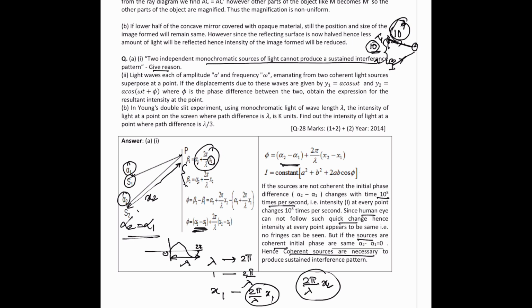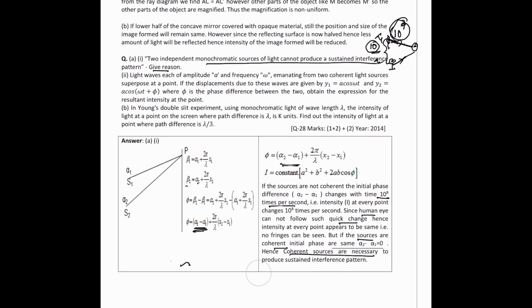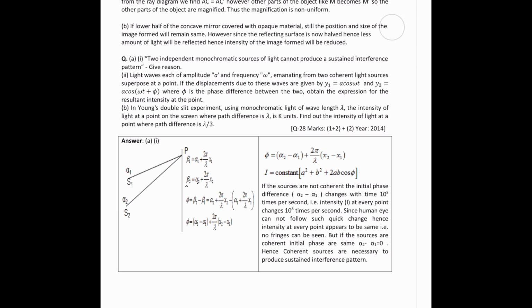I am spending so much time explaining the requirement of coherent sources because it is a conceptual thing. You should be clear why two different, non-coherent sources of light cannot produce an interference pattern. So let's move to the next question.